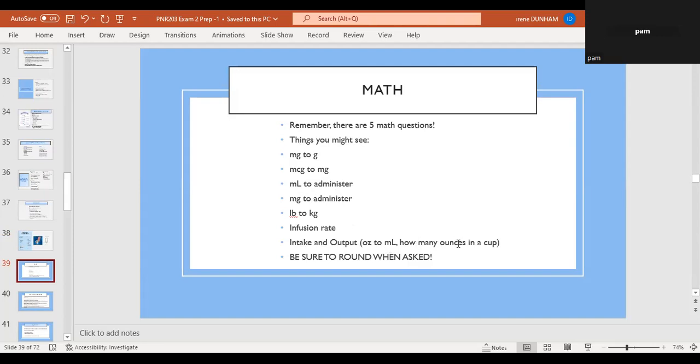Ounces to mL, how many ounces in a cup? They like to have that in intake and output. And be sure to round when asked, guys. So when it says the tenth, round to the nearest tenth. Read that carefully. Round to the nearest hundredth. Make sure that you answer with whatever they want you to round to.